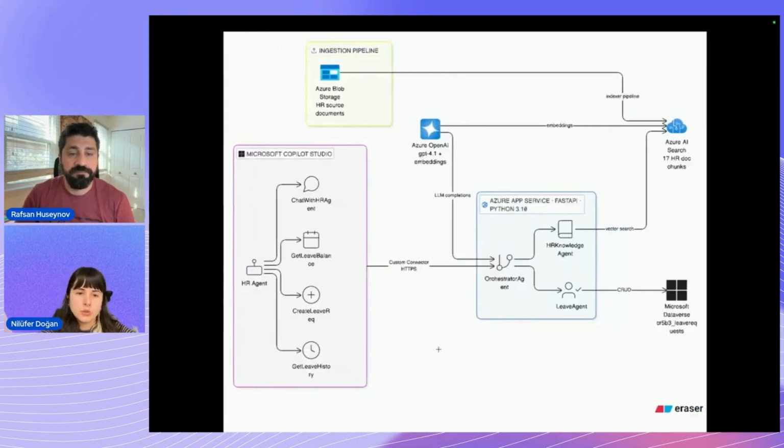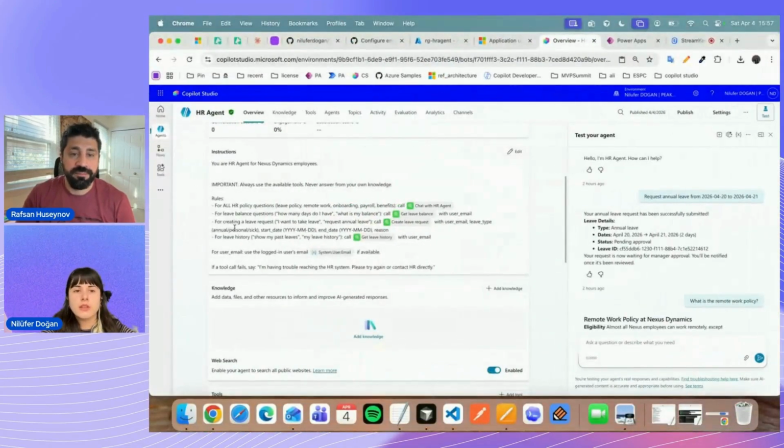And the other tools are relevant to the leave request. If the user asks how many days do I have, it will use this one by just checking with the user email. By the way, we can put the same dynamic value here. I think I just missed this, but for example, here I put check by using the user email, so we can exactly put it here as a user email part.